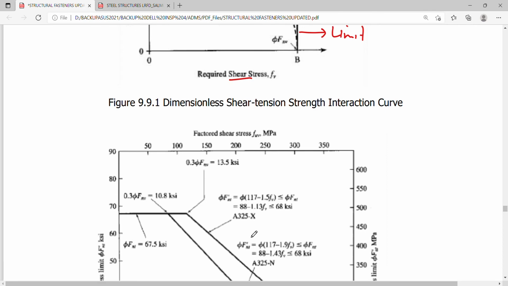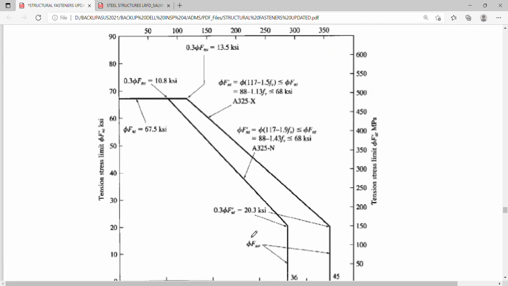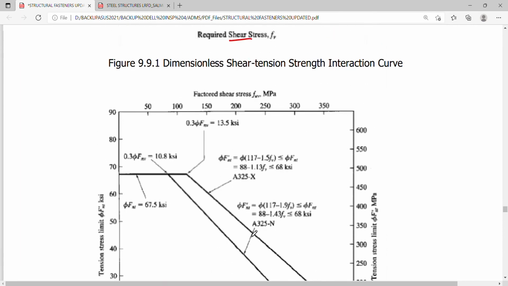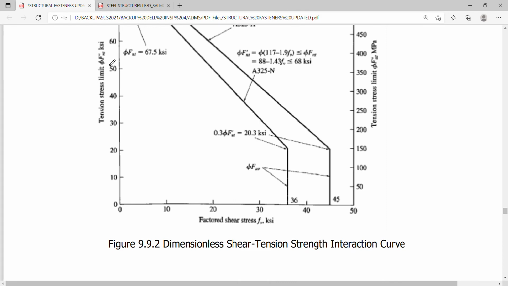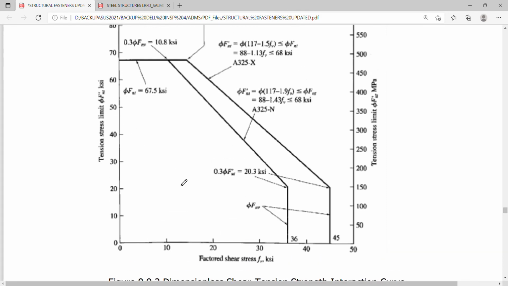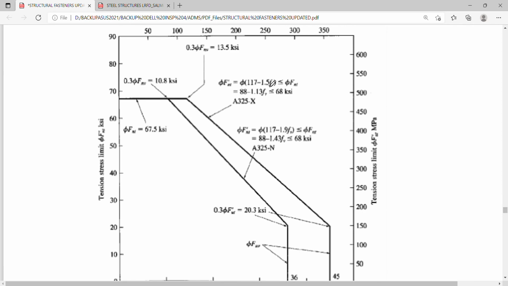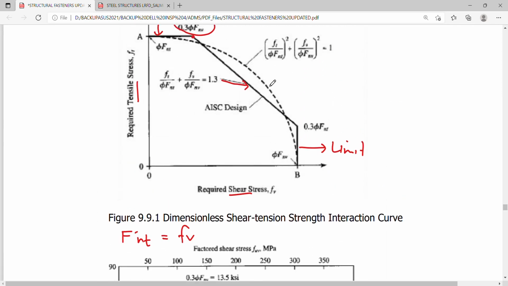Okay, for the dimensionless shear tension strength interaction equation, we are now solving here. Remember that we have solved the f prime nt as a function of your fv here. So this is the phi f prime nt as a function of your fb. You will yield a similar shape, but of course the values are different because it's no longer a slope or an intercept equation.